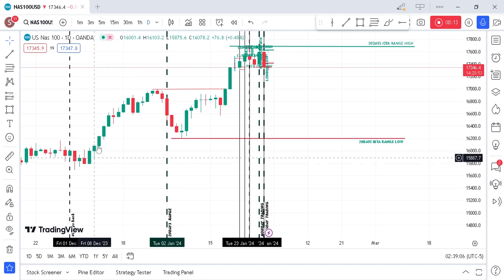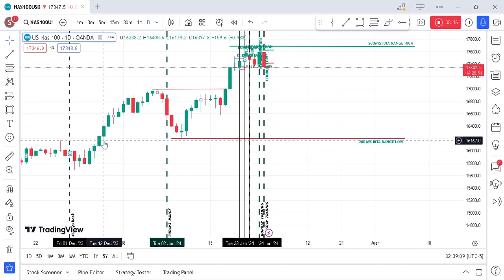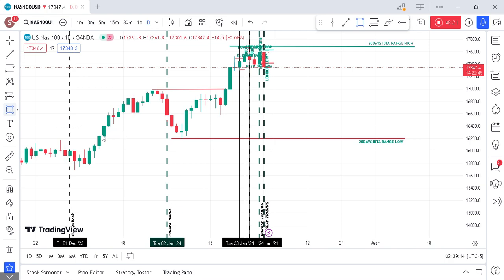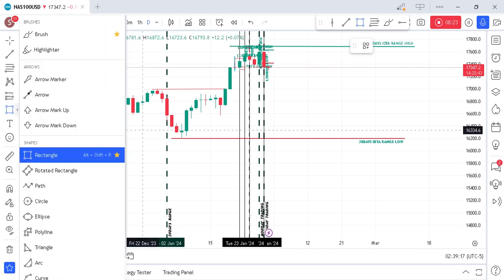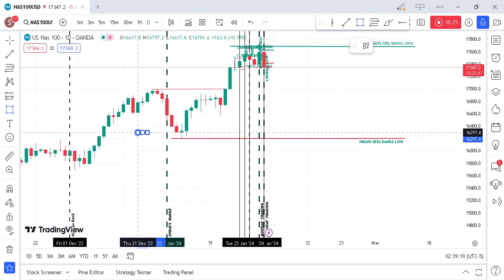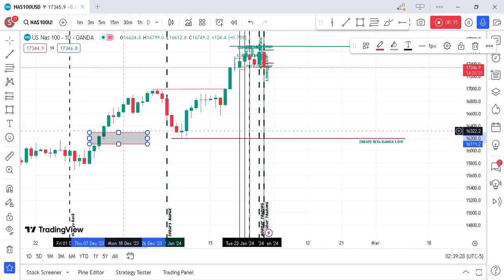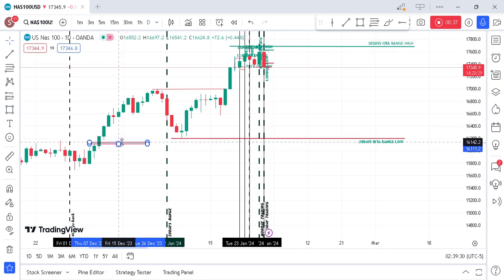A lot of people, or some people, maybe they saw this gap. Let me show you which gap. They saw this gap, this gap, this gap.